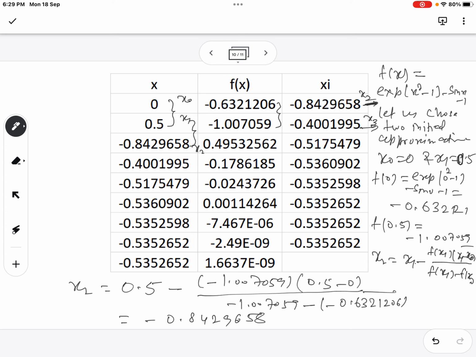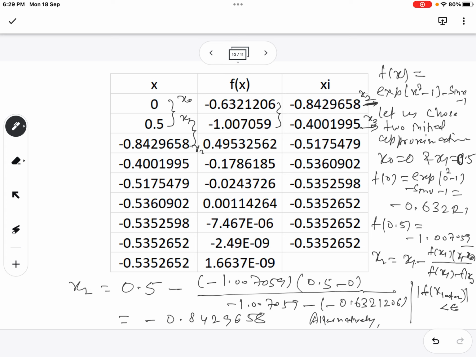Now the stopping criterion for this one is that we can choose that the function value at the later value of x is less than the tolerance, or alternatively we can choose that the two values in the successive approximations become very close to each other.